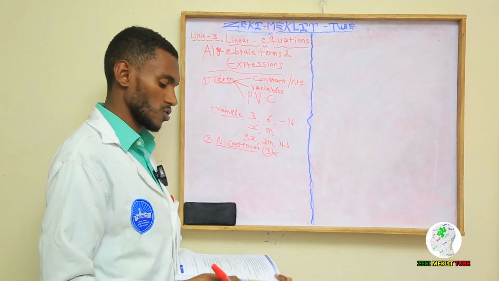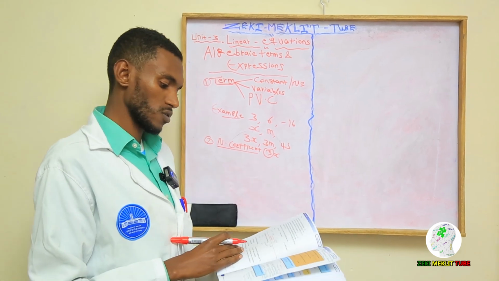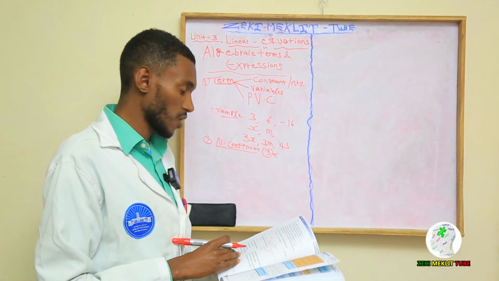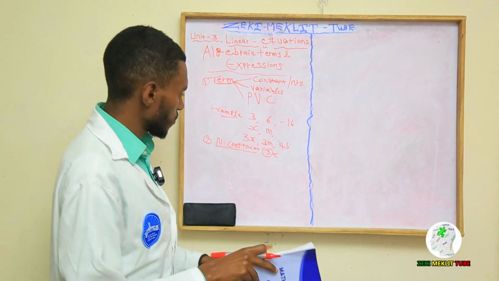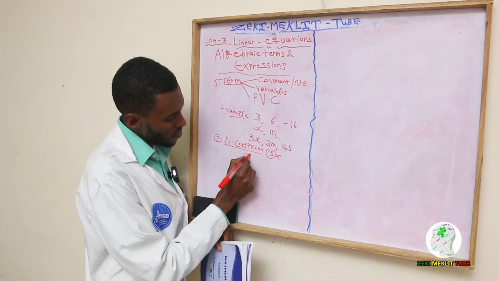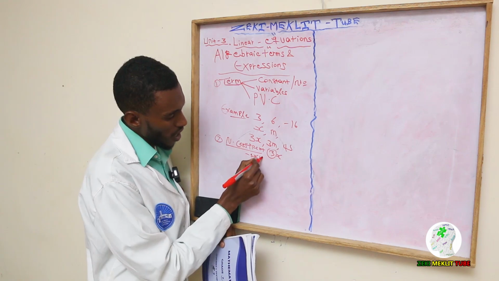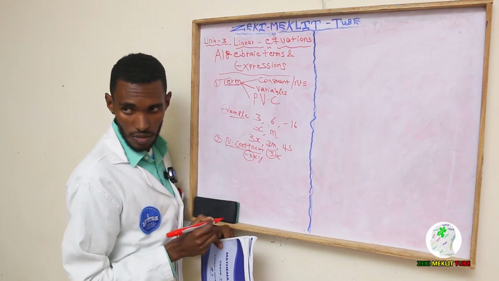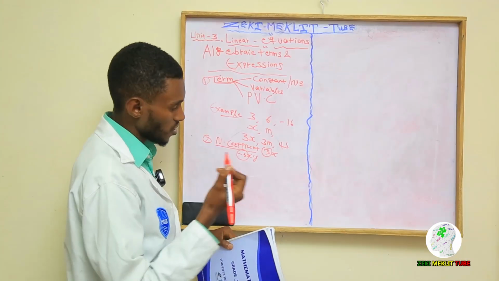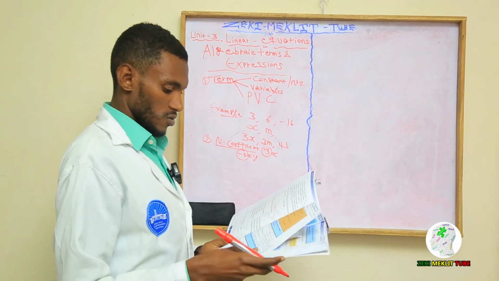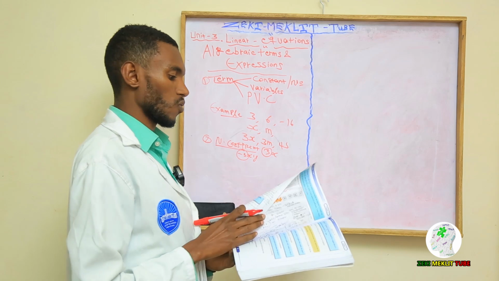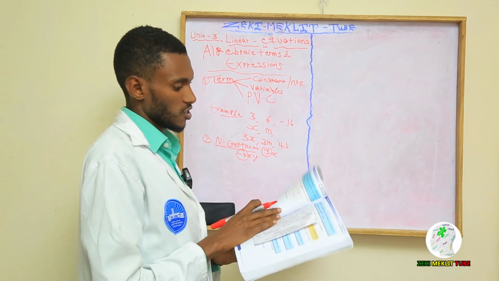So in the product of number and variables, the numerical factor is the numerical coefficient. For example, if it is negative 3xy, negative 3 is the numerical coefficient, because it's only the number or constant. So these are the terms you should know before defining algebraic expression.